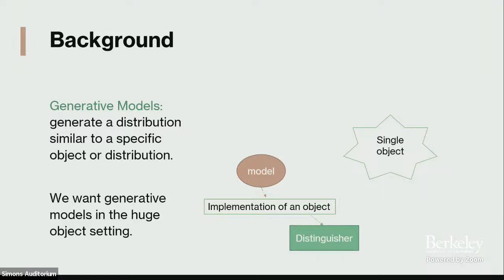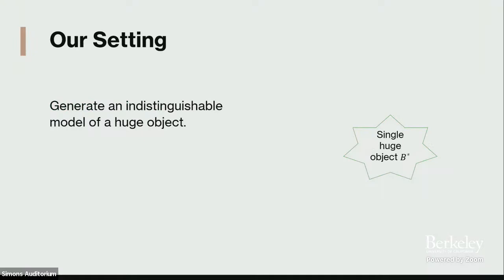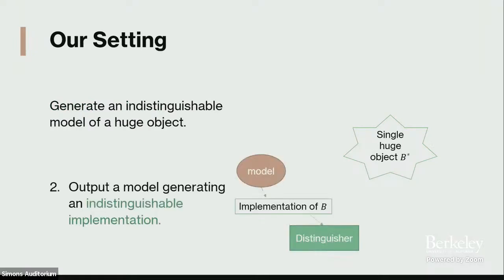Now in a more formal way, we have a single huge object, and we want indistinguishable models. We have a collection of distinguishers, and we want to output a model that now randomly outputs an implementation. We want this to be the same with respect to our set of distinguishers.